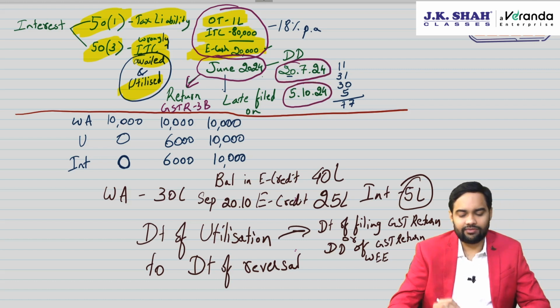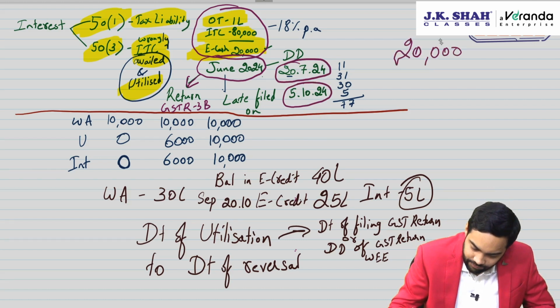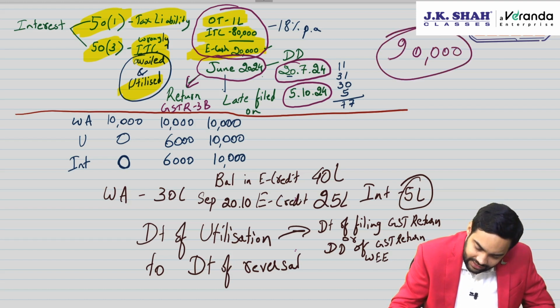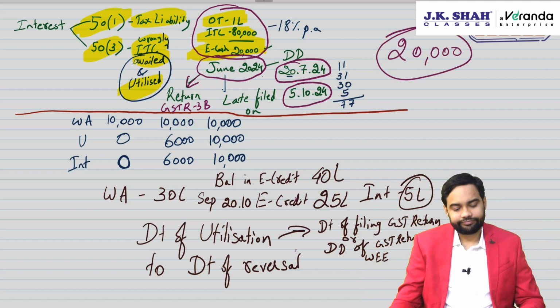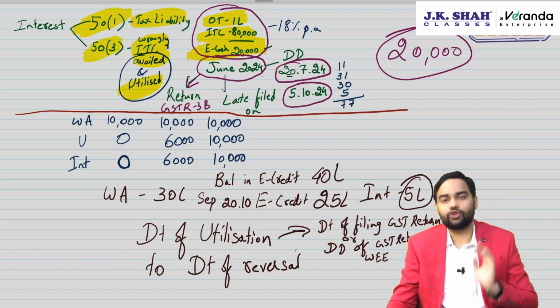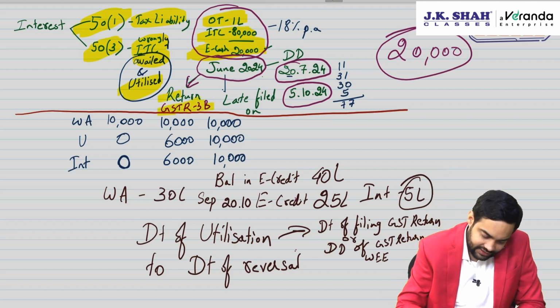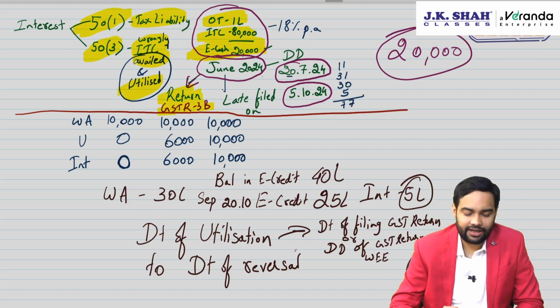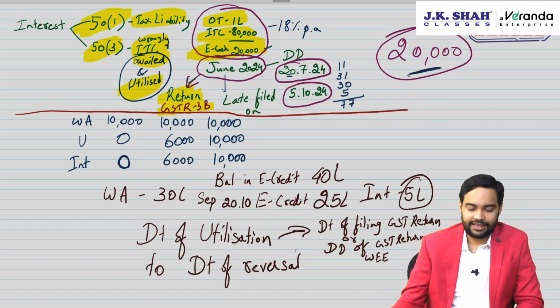Then interest will apply on 20,000, because though I have reported late, I have filed June liability in the June return. As I have filed June liability in June GSTR 3B, interest will apply on net liability, that is the amount payable through the e-cash ledger.